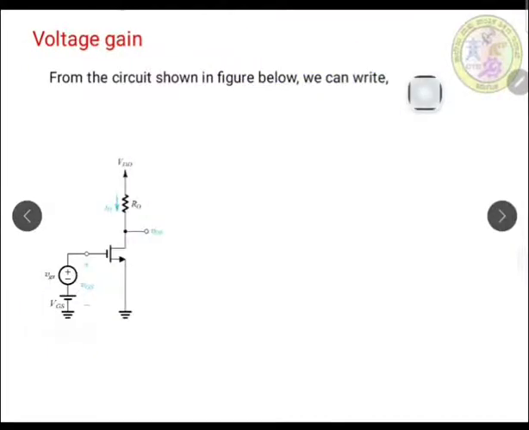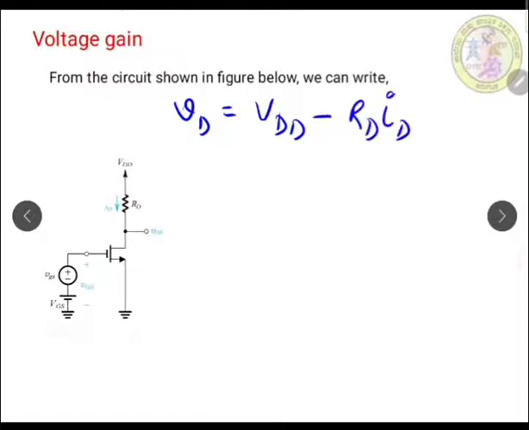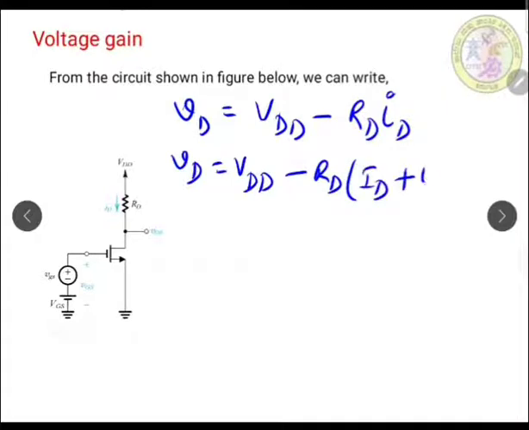First I will write the expression for vD at the drain terminal. At the drain terminal, vD is equal to VDD minus RD into iD. Now under small signal condition, we can write vD as VDD minus RD into (capital ID plus small id).